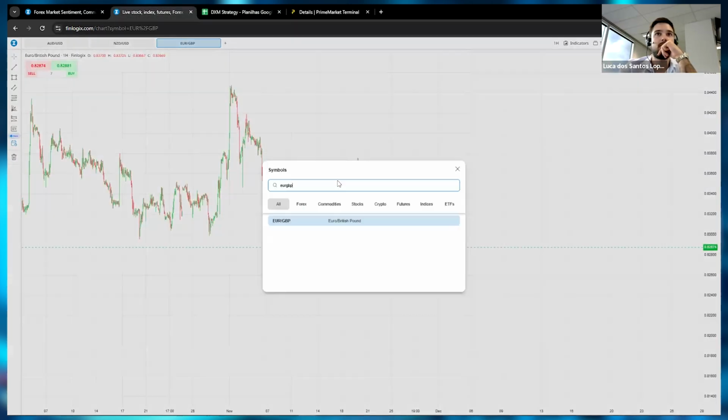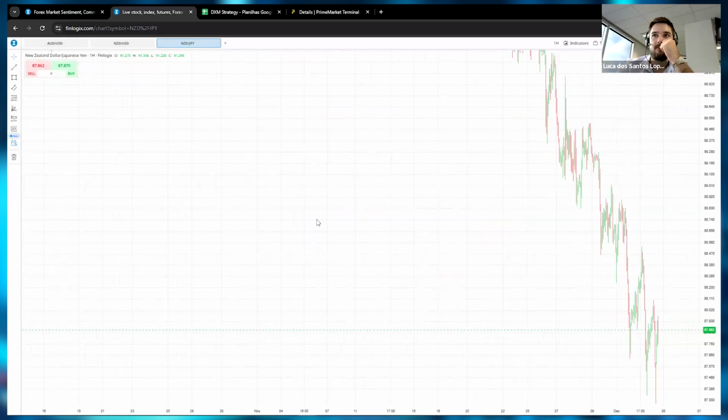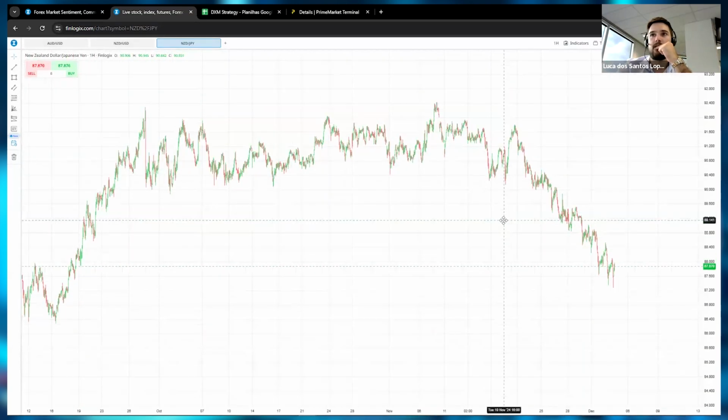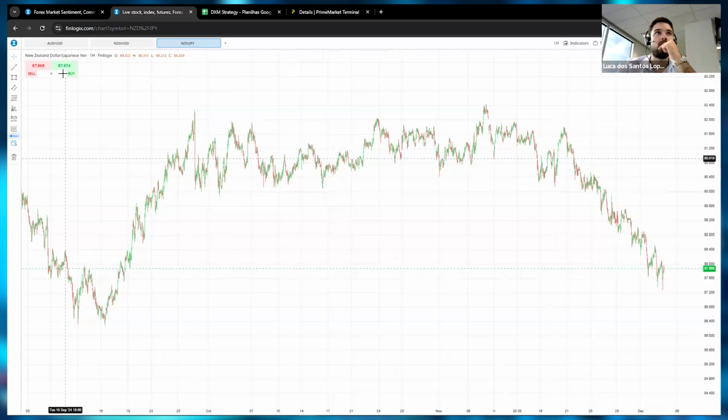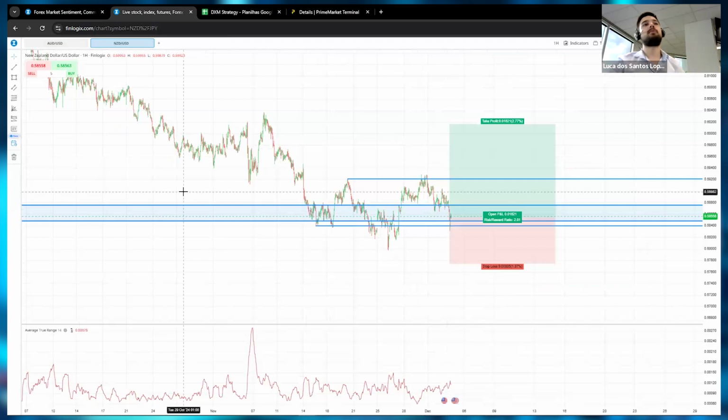NZDJPY. No. No, I think we're going to stick with these two trades that we got today, guys. So Aussie dollar short and New Zealand dollar up. It's a good hedge.